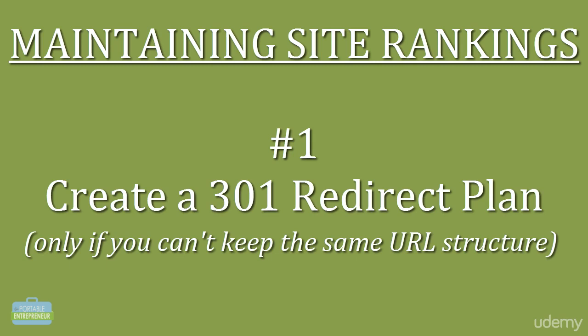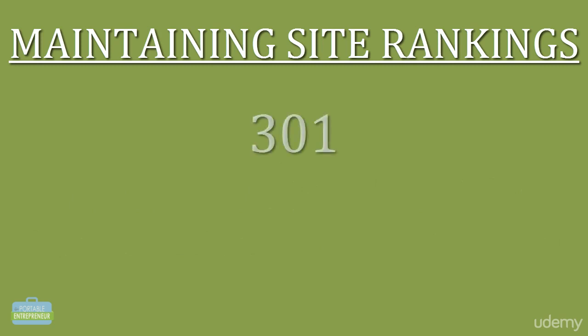So a 301 redirect will make sure that your old URL points to the new URL. And it also is going to pass the page rank from the old page to the new page. So you really want to pay special attention to this. Now, if you start looking at redirects, you'll notice some different numbers, like there's the 301 that I mentioned, there's also 302.